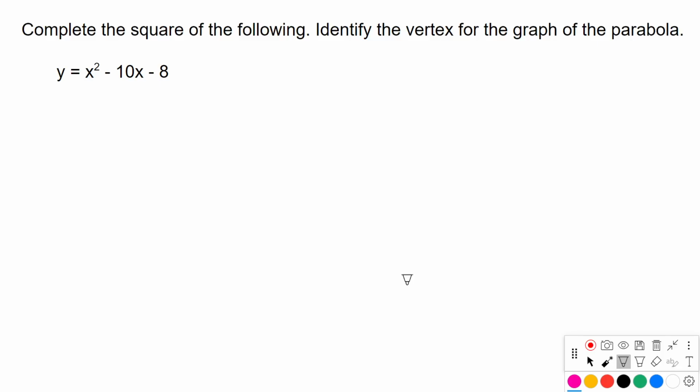When I look at this next one, again I can check half of -10 is -5. Squared would be 25. Once again, I'm not going to have that perfect square. So I need to start by constructing my block or my square with an x by x square, which is x squared.